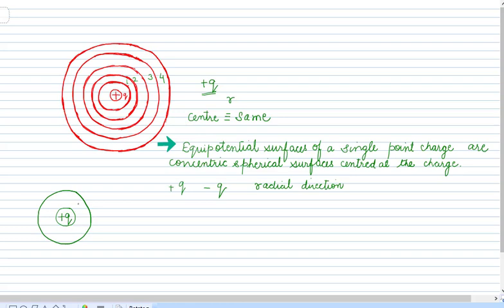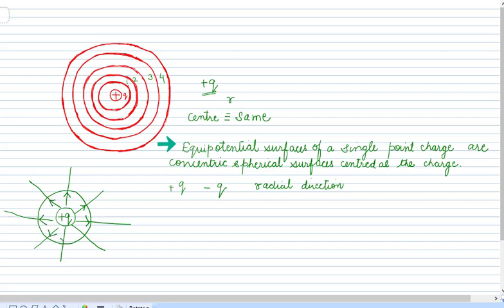And if we draw the electric field lines, then these electric field lines are always in the radial direction. So here I am showing you some of the radial lines which represent the electric field due to this charge plus Q, and they will always be directed away from the plus Q as per our thumb rule. So it will act as a source.